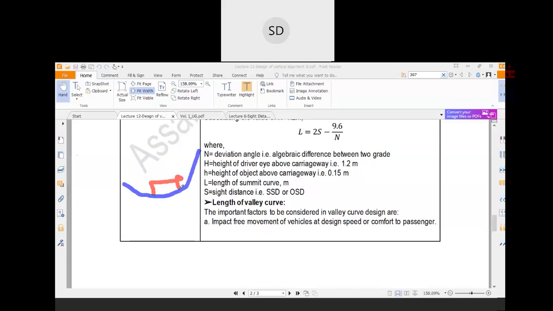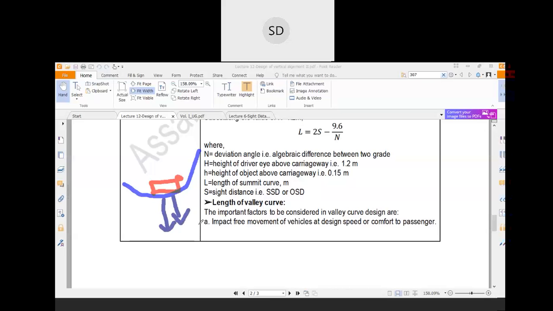Whenever a vehicle is traveling on a valley curve, the weight of the vehicle acts in the downward direction, and similarly the centrifugal force will also act downward.